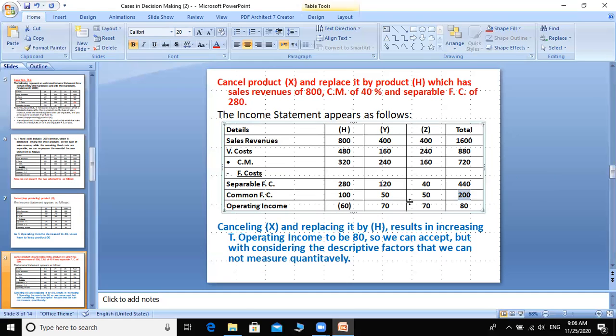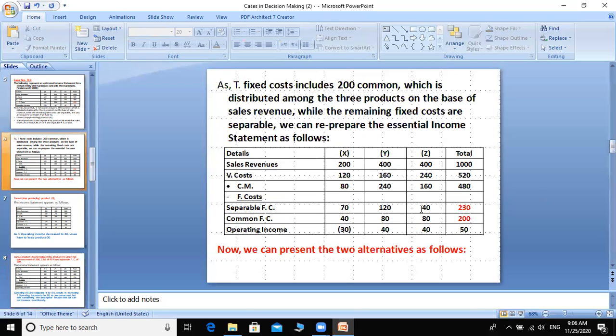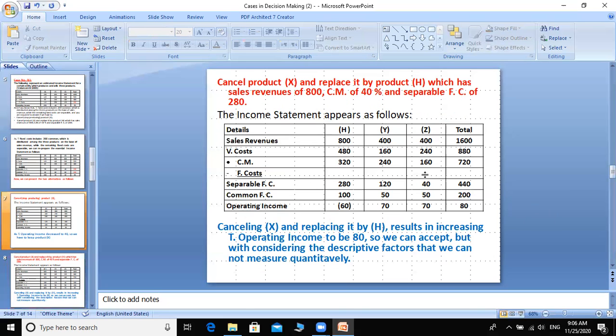The separable cost of Y and Z is the same, 120 and 40, 120 and 40. The new separable cost regarding H is 280. The total is as you see. Now, H has a negative operating income of 60.